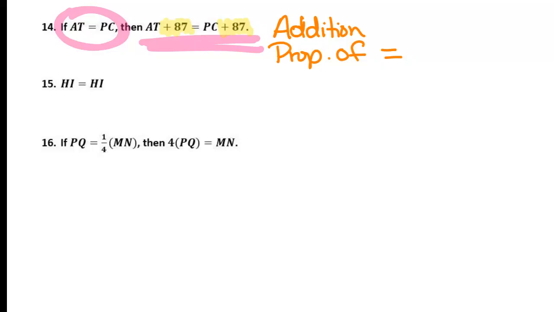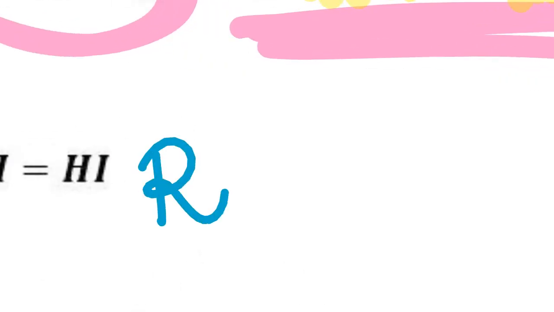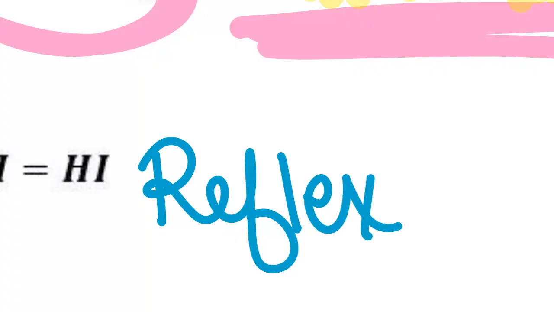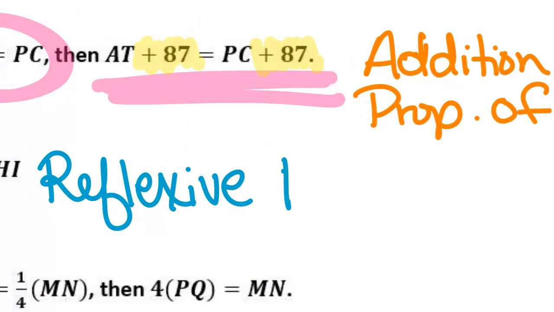You guys okay if we just do 15 and 16 while we're here? All right. 15. There's no if, there's no then. There's just a single equation, HI equals HI. Yes, reflexive property. This is our reflexive property.